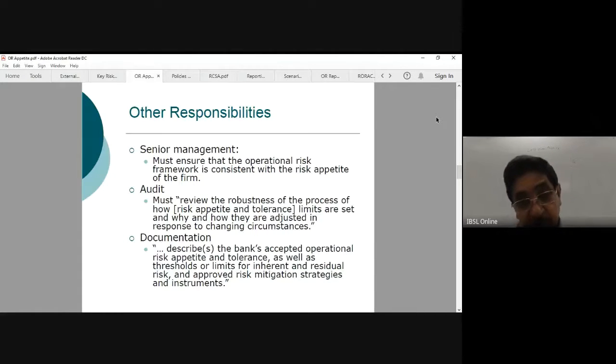The reason is operational risk is more qualitative in nature, and sometimes it is not directly taken into consideration. So there are several issues with regard to the making of limits, but there are occasions where we can do that. And not only that, there's a thing called key risk indicators, and through the key risk indicators we can arrive at certain limits depending on the appetite.